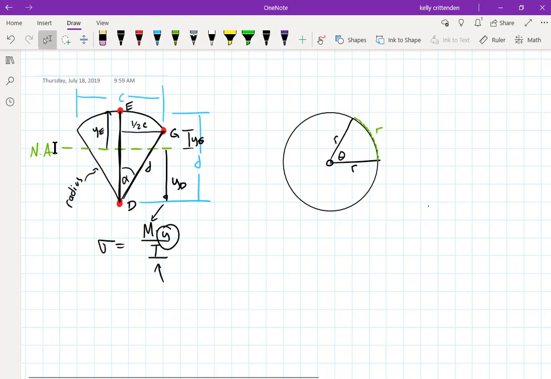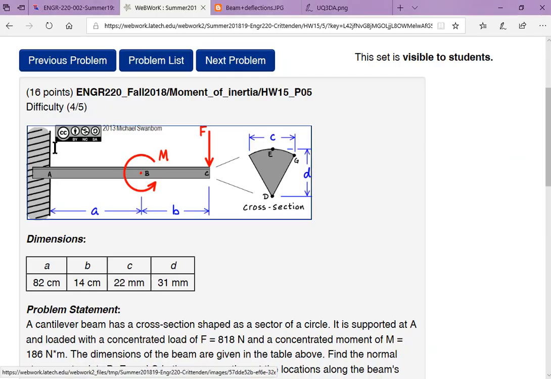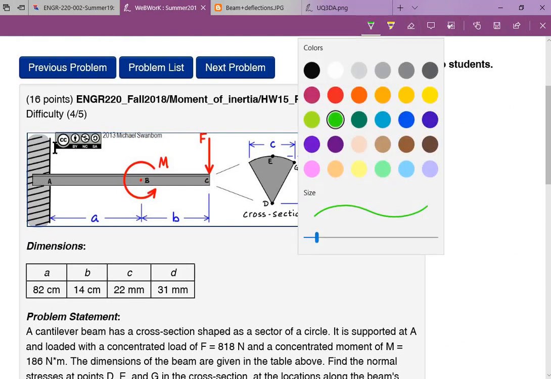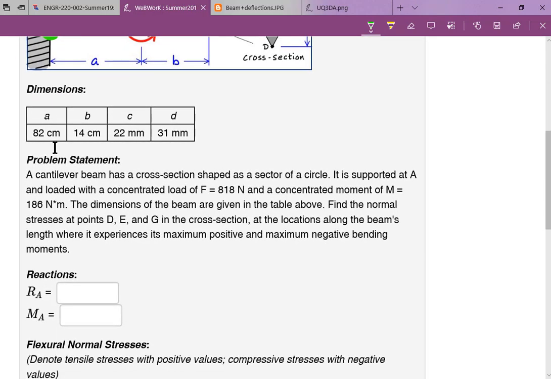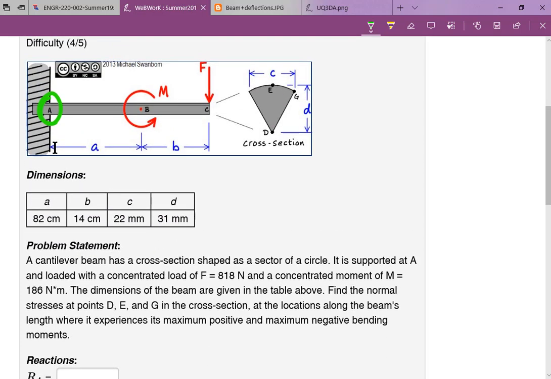So that's why it's actually asking you for 6 different things. It's asking you for 3 at one location in the beam. Remember this beam, it's asking you for 3 of them from point A, and then it asks for the location of maximum positive bending moment and the location of max negative bending moment. The negative bending moment maximum is at the wall, and it turns out that the maximum positive is at B, where it's most positive.